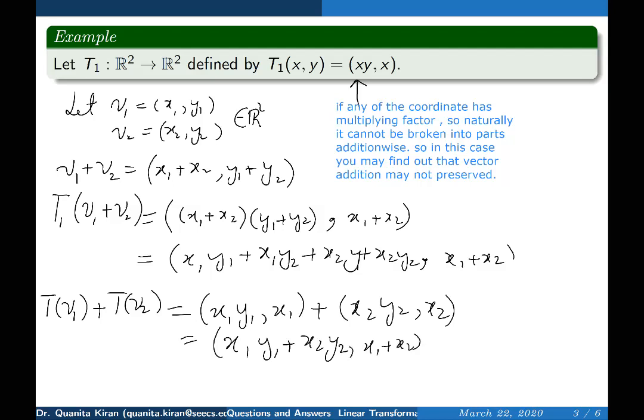So you note that these two are not equal, and again you claim that vector addition is not preserved here. So again you see that this factor causes a problem. Due to this factor, the addition preservation rule does not apply here.